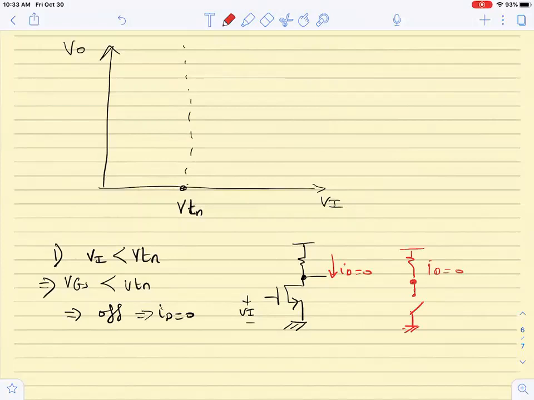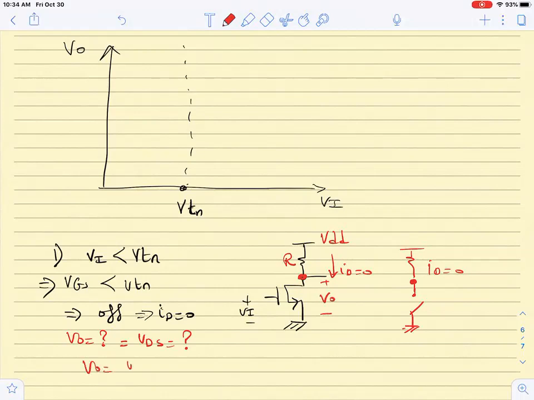What is the voltage at this node D? What is V out? V out is equal to VDS. What is it equal to in this case? I know that here I have VDD and here I have R. If I know R and I know that ID equals 0, what is V out? VDD.